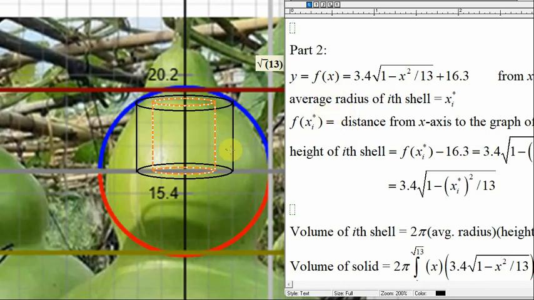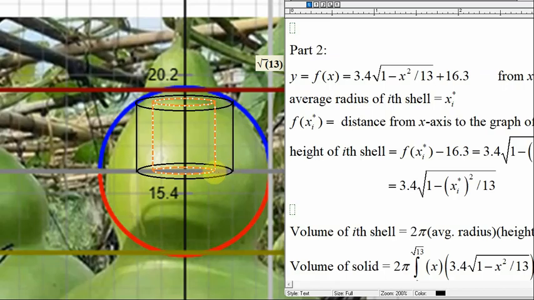I'm going to fill this portion with cylindrical shells. Here's the ith shell. We're going to divide the interval from 0 to the square root of 13 into n subintervals, and this is the ith interval.